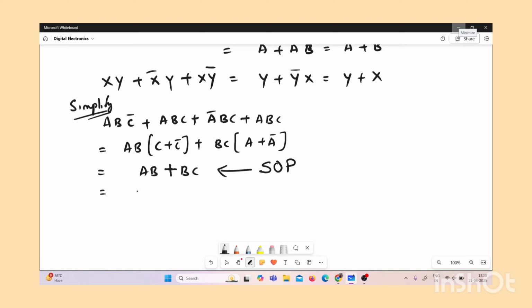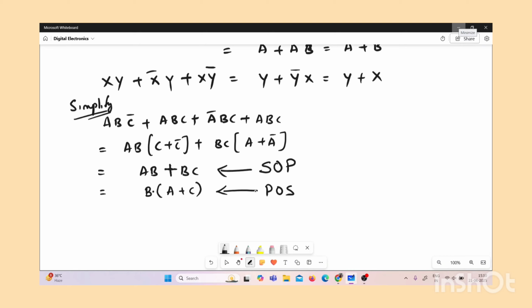But if you want to express the same answer in terms of POS, product of sums, we have to take B common: B dot A plus C. So A plus C is one sum term and B is one sum term. Now the answer is expressed like this: POS, product of sum terms.